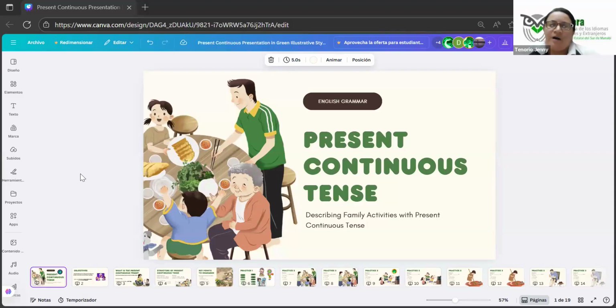Good afternoon, everyone. Today, my group and I are going to teach a short demonstration class about the present continuous. We use the interaction theory. The theory explains that people learn language through communication and interaction.